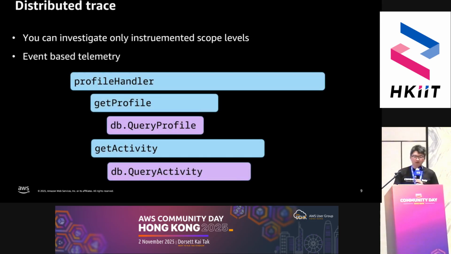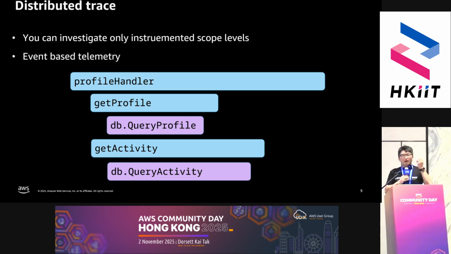Okay, then when it comes to a distributed trace, it provides really important information about latency issues. But these days, even though we have eBPF or such kinds of native solutions, the common solution for distributed tracing is still about how you can instrument the system or a program.